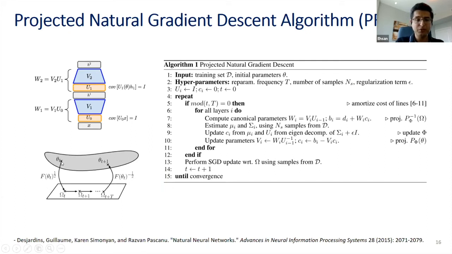What we can do is take this with a projection to a space that is whitened space. And if we can take it to that space, we can do stochastic gradient descent steps, as many steps as we want. And whenever we want, we can go back to the original space. And the natural gradient descent in this space is going to be equal to the stochastic gradient descent in the whitened space.